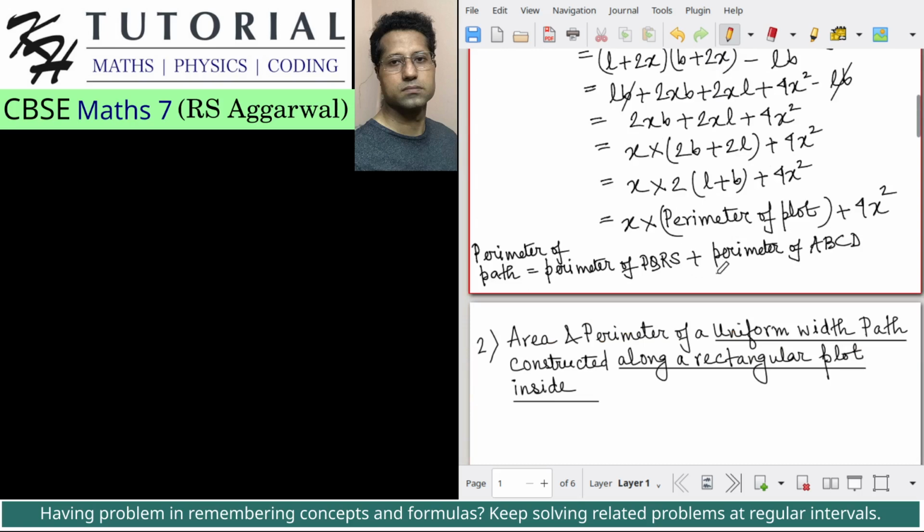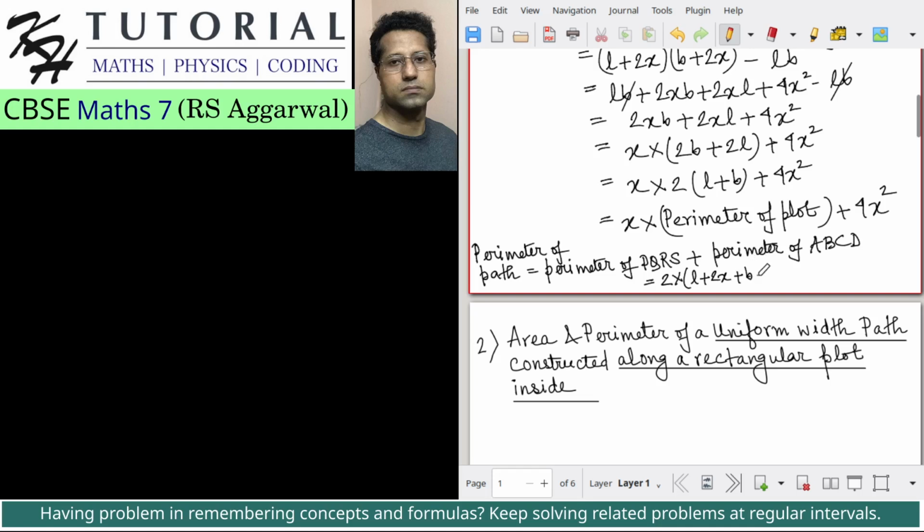So this will be equal to, what is the perimeter of the rectangle PQRS? It will be 2 into length plus breadth. Now, what is length? Length is L plus twice x, and what is breadth?